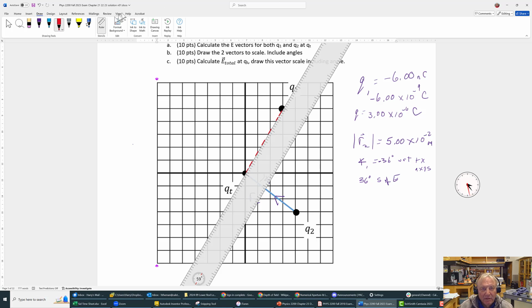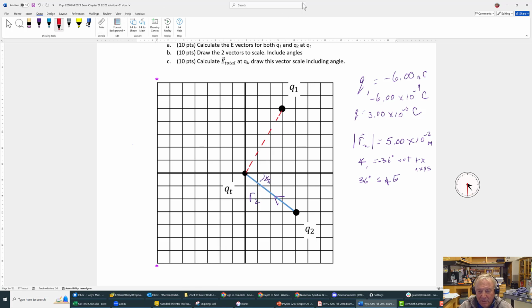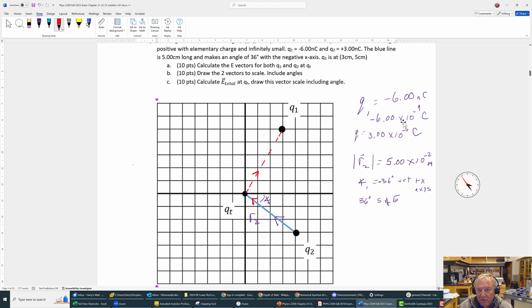So we got our dotted line and E vectors. As I said, one's going to point like this, and one's going to point like this. So in the first case, and let's see, calculate them.